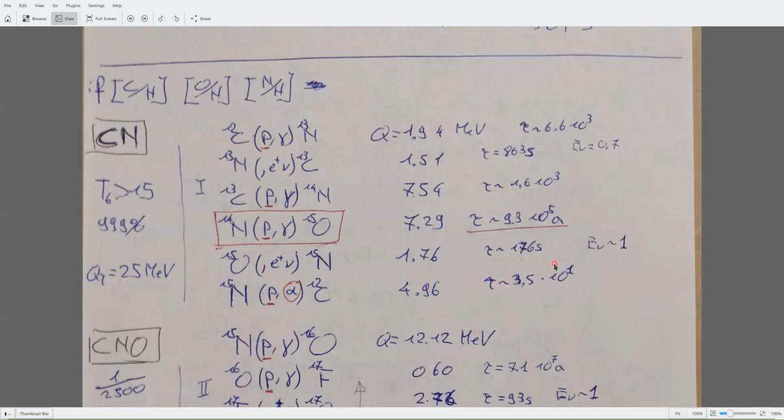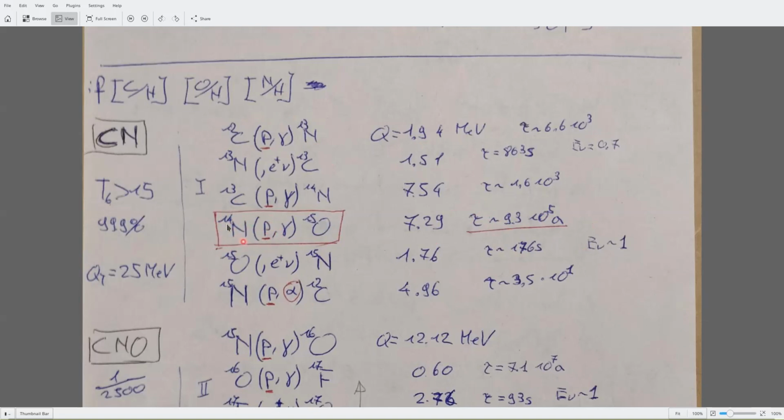This part is quite interesting because, okay, this produces energy, but of all the reactions, the most interesting is this one, because it takes a really long time: nitrogen-14 doesn't like to react easily.